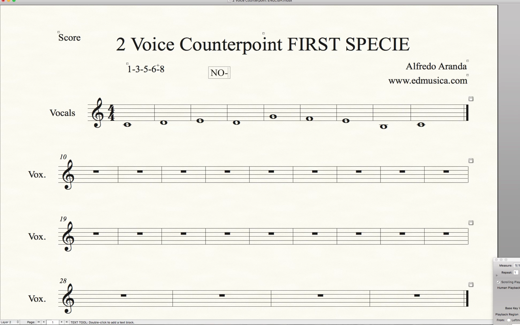I'm gonna write a yes on this one. There you go. And then the no intervals are the second, fourth, and seventh. Okay, these are the ones that you can't do.